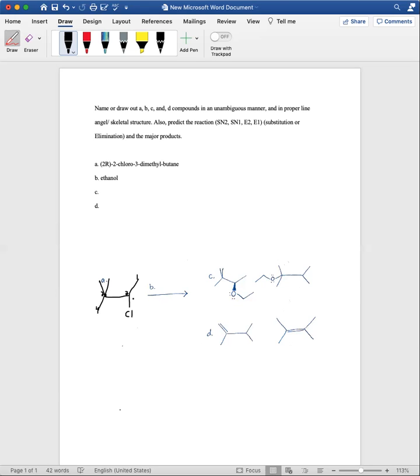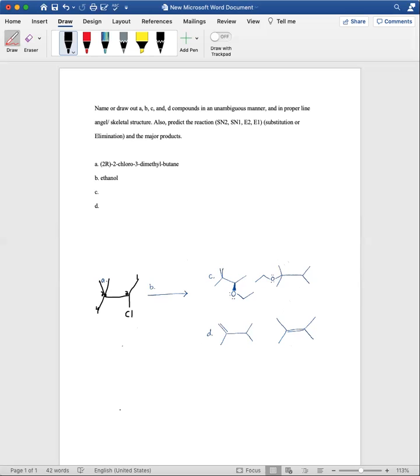A chiral center means when we have 4 different groups or 4 different atoms around one atom. We have chloro, we have this group, we have methyl here, and we have a hydrogen here.